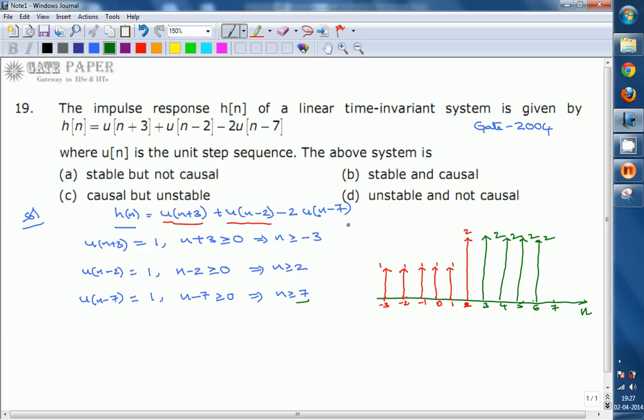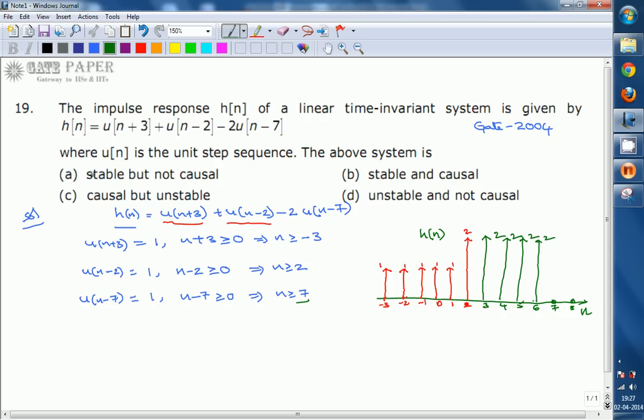So from 7 onwards, the amplitude becomes 2 minus 2, that is 0. So the amplitude becomes 0 from 7 onwards. So finally we have an h of n like this. This is the h of n we got, the plot for the given function h of n.